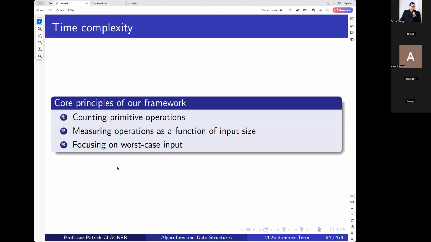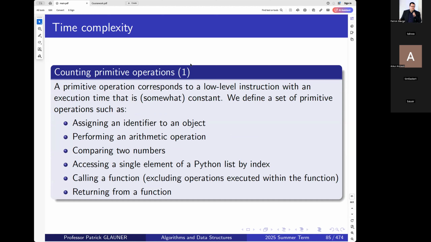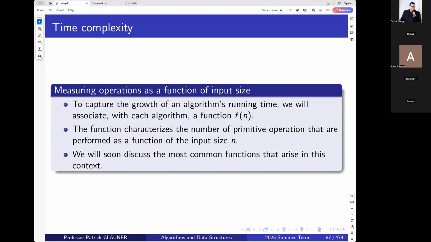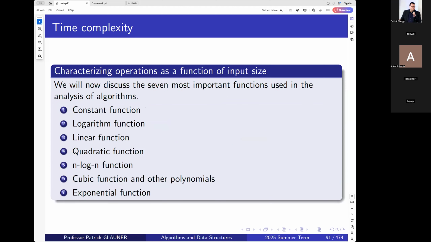For every algorithm, eventually what we want is a function of the input size, for which we will count the number of primitive operations. And we will always focus on the worst case input, because optimizing for the worst case input typically leads to a better algorithm for all inputs.